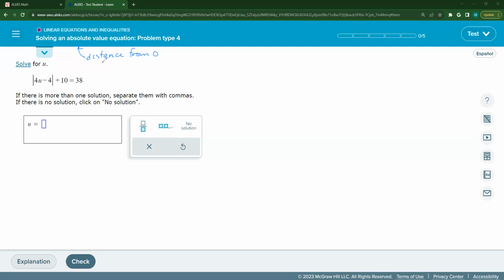Okay, so the goal is the steps. Step 1, get absolute values alone. Because once we get the absolute value alone, it will be absolute value equals number of spaces.